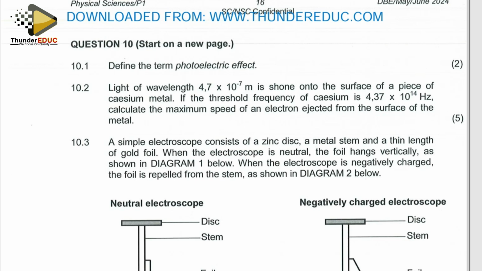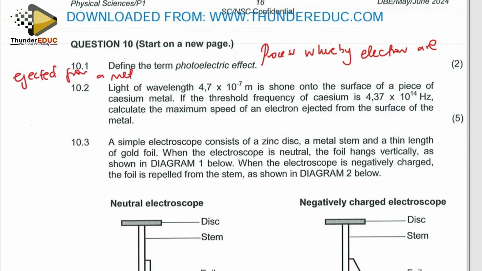So we're going to say this is a process whereby electrons are ejected from a metal surface when light of suitable frequency is incident on the surface.